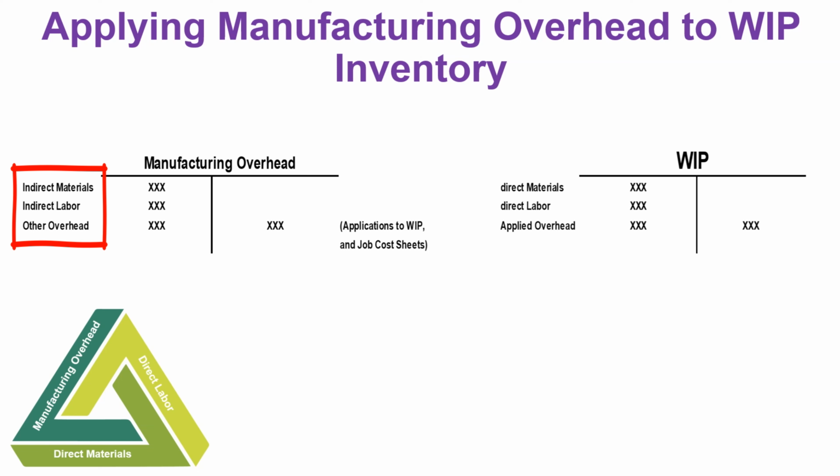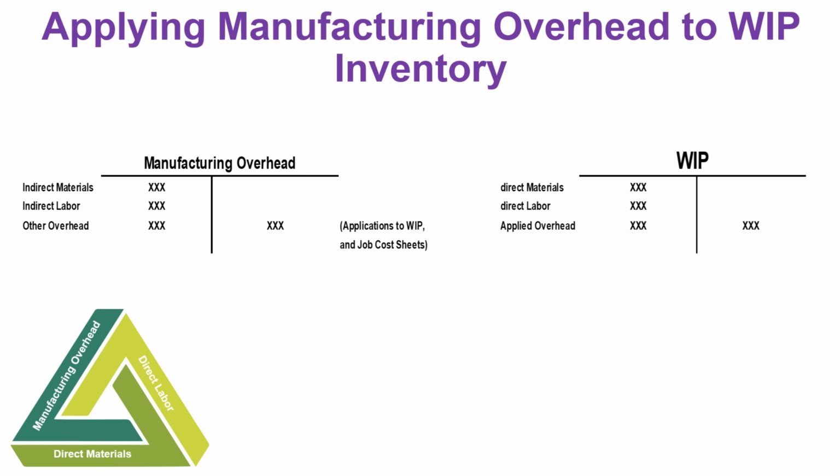So we've just included that in manufacturing overhead. And we've got indirect labor, supervisory salaries, we've debited here to manufacturing overhead. And we've got other costs that we've been debiting in here, including utility costs and depreciation of equipment. So all of these costs we've been debiting are the actual costs of manufacturing overhead.